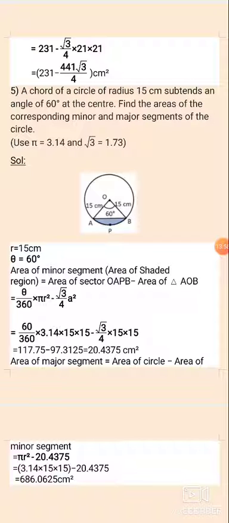So pi value 3.14 into 15 into 15 minus 20.4375. At last we get 686.0625 centimeter square, which is the area of the major segment. Clear, students? Okay, thank you.